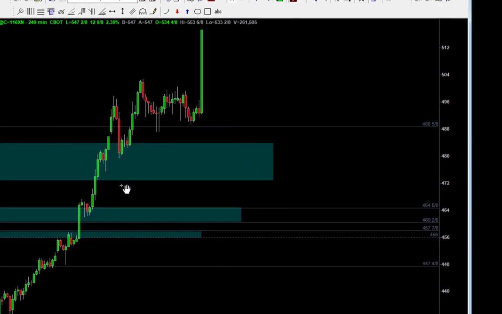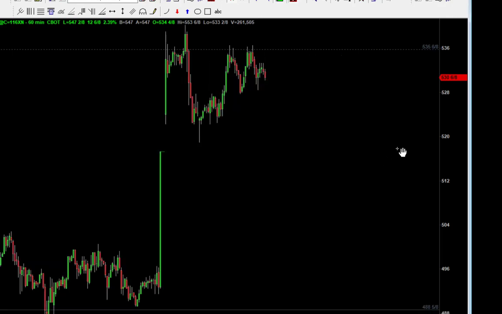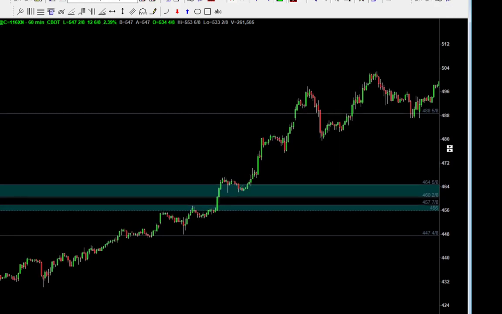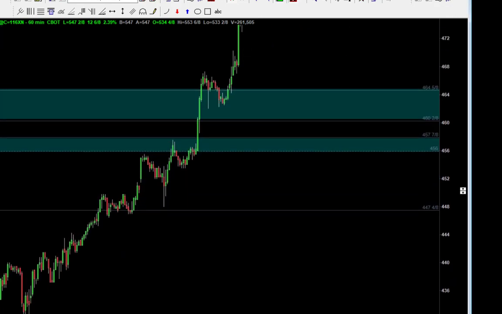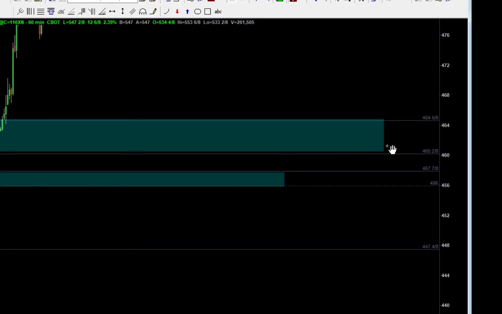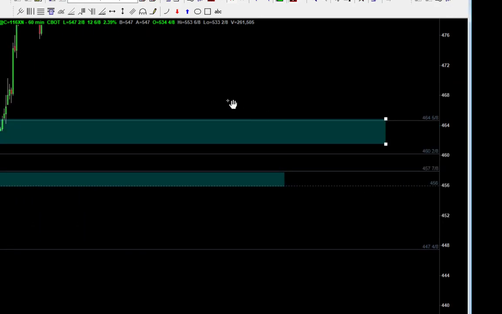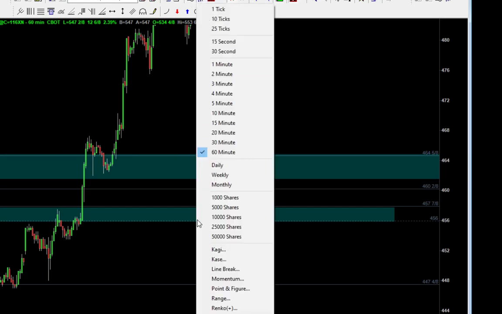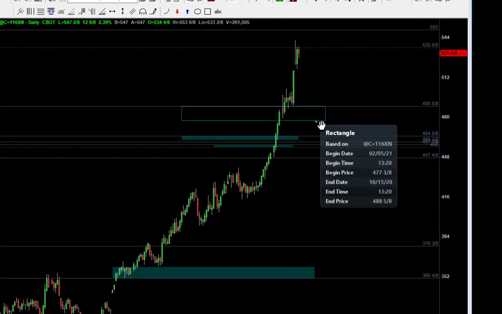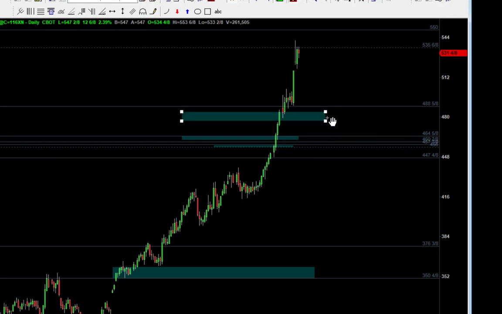Because we can't deny that, I can't cut out the reason why this is such a big zone. I can't cut out what happened. What's happened here? Okay, I'm lost. Daily. I'm looking right at here.